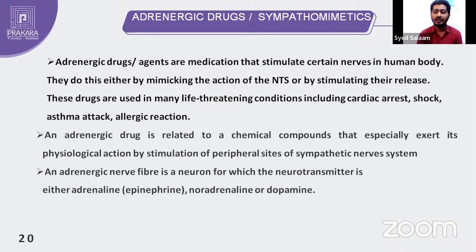These are adrenergic related compounds that exert their physiological action by stimulating the peripheral sites of the sympathetic nervous system. A nerve fiber is a neuron which has a neurotransmitter like adrenaline, noradrenaline, or dopamine. So if you are taking drugs having such a structural moiety present in them, they will be attaching onto that part and mimicking its action.